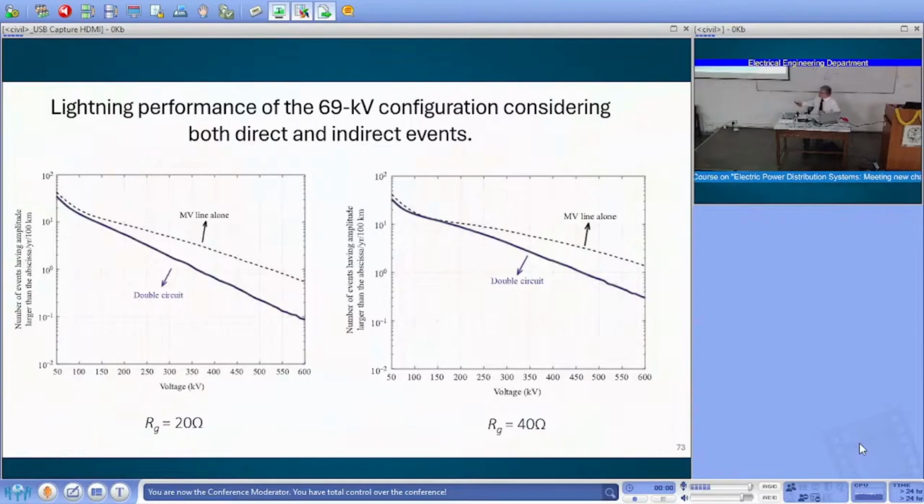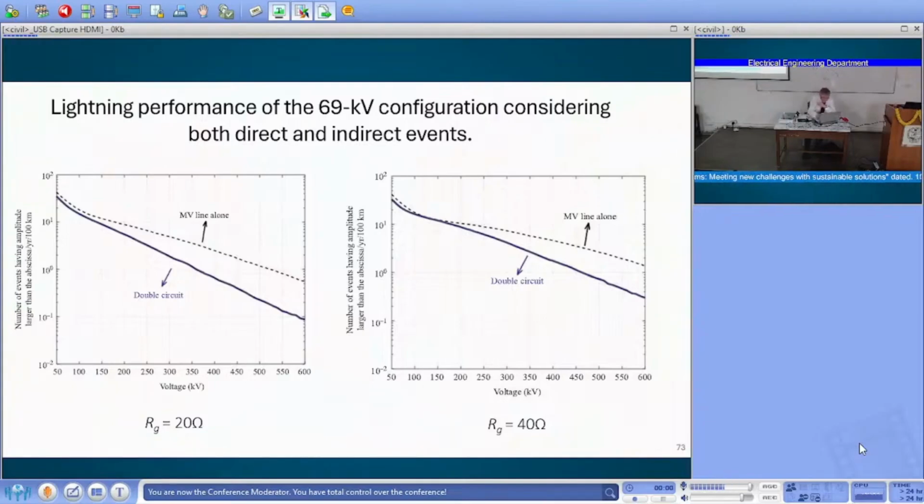Because although the higher height of the transmission line collects more lightning, the shielding provided by the high voltage line conductors exceeds, at least in this case, that effect. So the medium voltage line below results more protected.